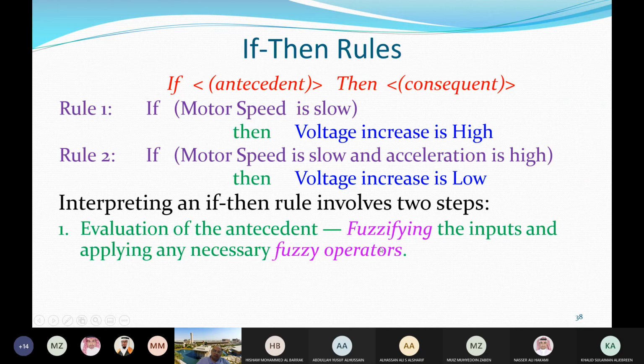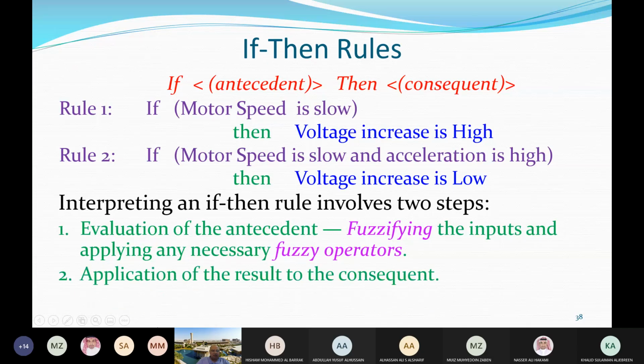You convert from the numerical values to fuzzy values, taking the inputs and applying any necessary fuzzy operator. If you have two variables, for example speed and acceleration, then definitely you have a certain operator, either AND or OR. So you calculate this antecedent at the beginning, and then you apply the result to the consequent.